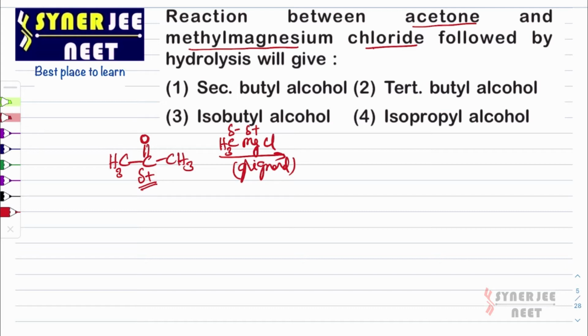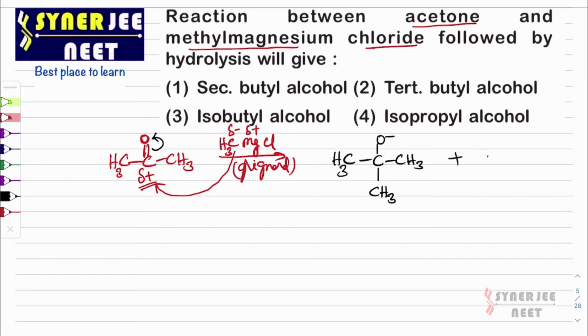So this partial negative carbon will attack the partial positive carbon of acetone, and in that process this pi bond, which is the weaker bond among sigma and pi bonds, will transfer to oxygen. So it will form CH3, CO and CH3, and here the methyl group from the Grignard has attacked.